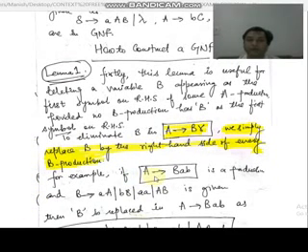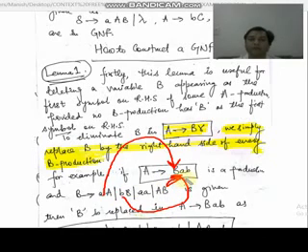For example, suppose we have capital A to capital B small a b in our grammar, and the productions of B are small a, small b, capital A capital B. Then capital B can be replaced in the RHS of A by each of these, the small a over here, the small b over here, and so on.